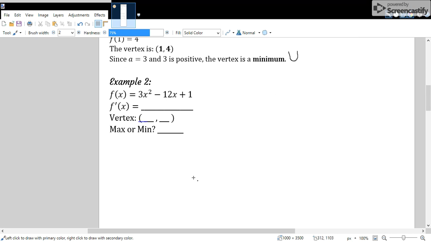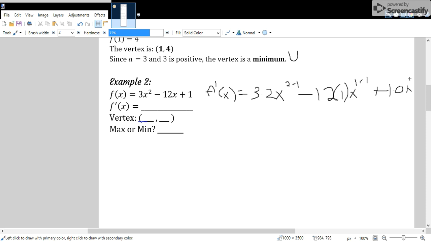Okay, let's look at the second example. We have f of x equals 3x squared minus 12x plus 1. Let's find the first derivative. So to do that, we use the power rule. So 3 times 2 times x to the 2 minus 1 power minus 12, and the exponent of x is just 1, x to the 1 minus 1, and then plus 1 times 0, x to the 0 minus 1.